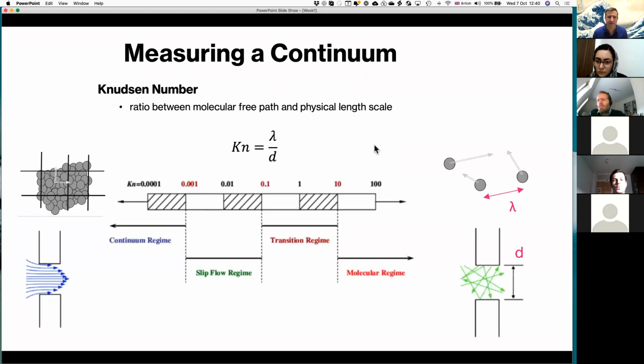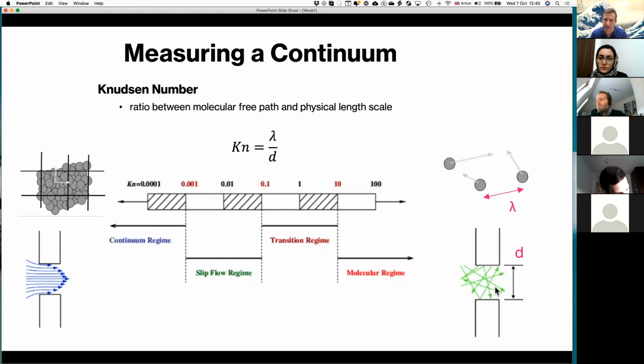Looking at this example, the Knudsen number is the ratio of the mean free path, the average distance between molecules, and d, which depends on the application, but is essentially the length scale of where the flow is going through.